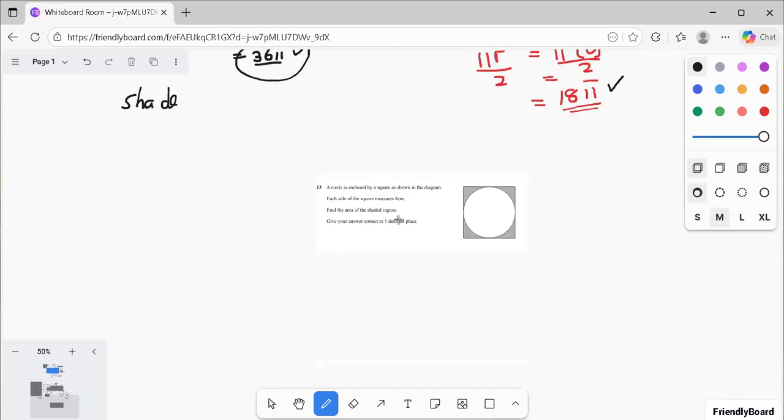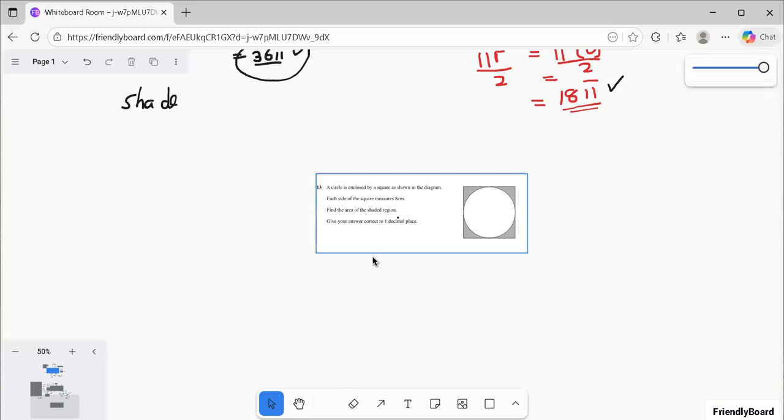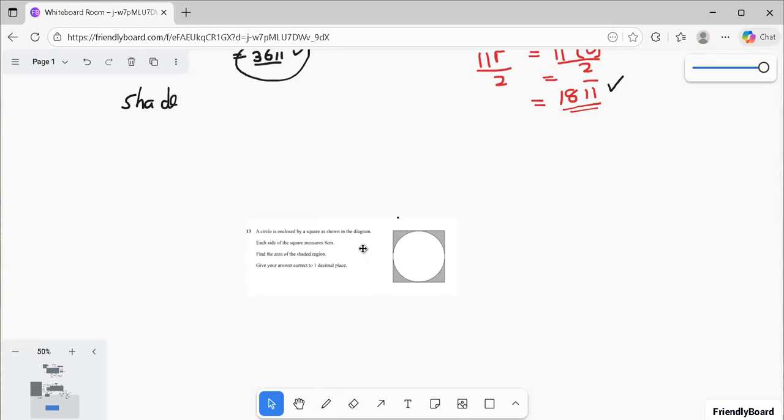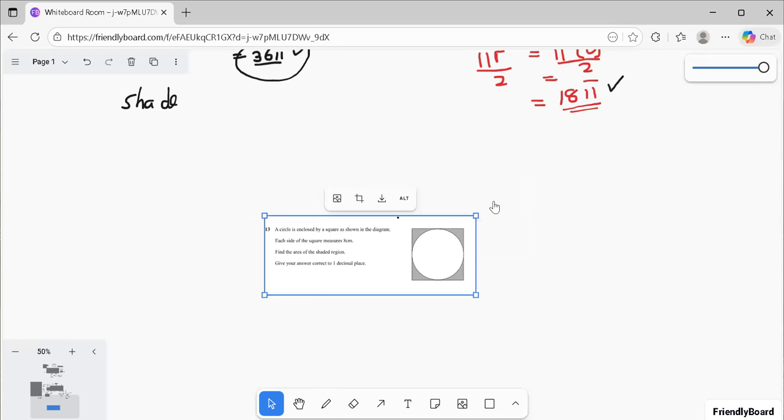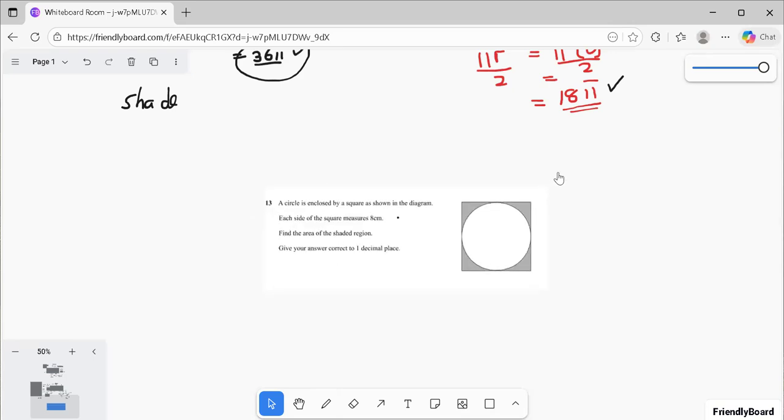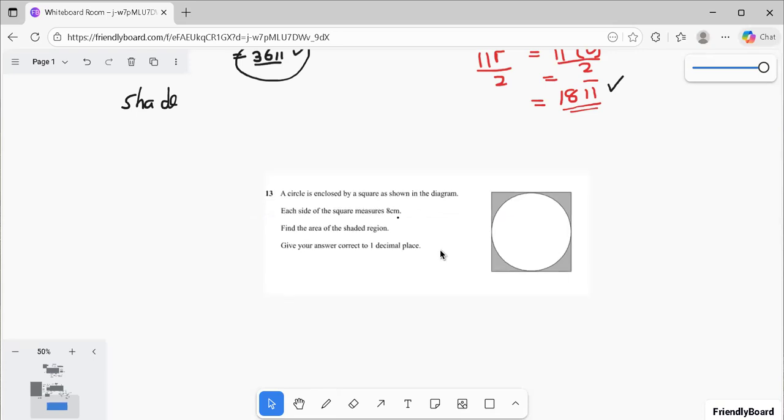This question. I'm going to try to zoom in a little bit so that you can see it. I think that's better. Yeah, that's better. All right.